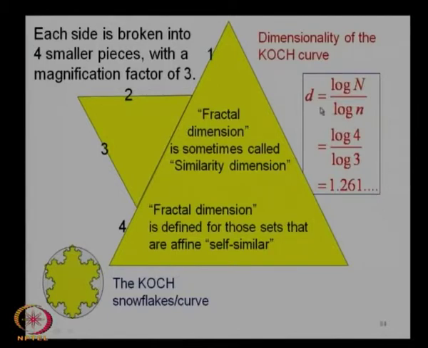So, the ratio of log N to log small n is given by log 4 to log 3, which is 1.26, that is a fraction. It is a completely mathematical idea, it is a purely mathematical idea, but a very meaningful one. In the context of how we define the dimension, it makes perfect sense. So, it is a great idea.